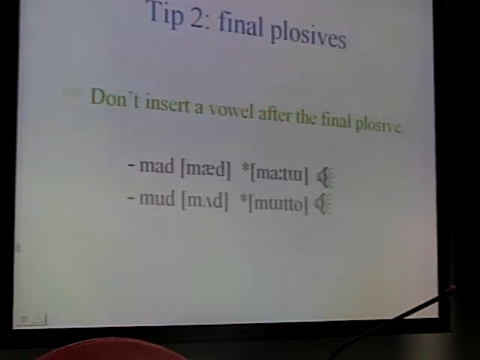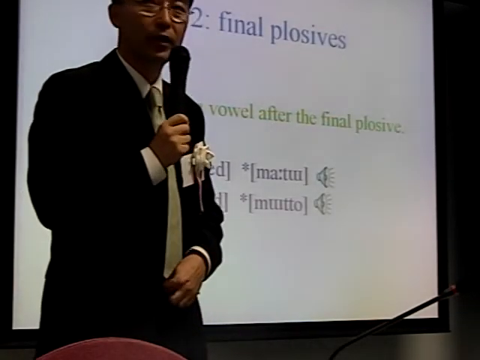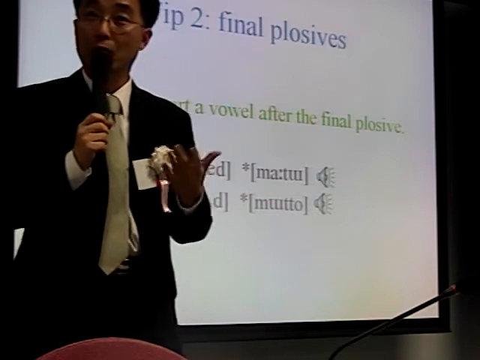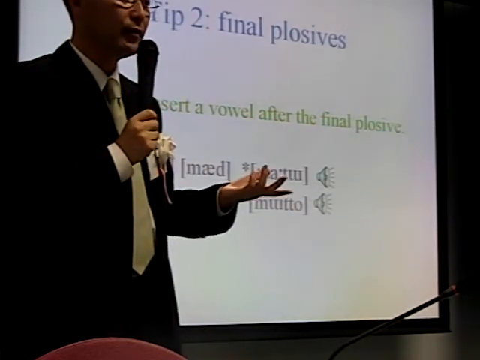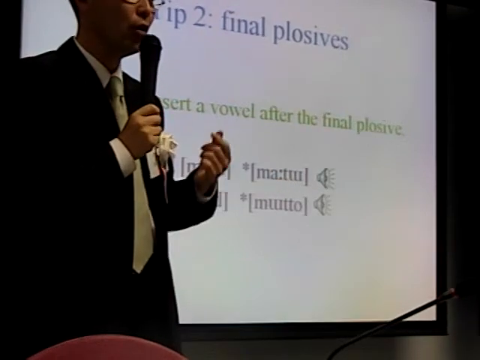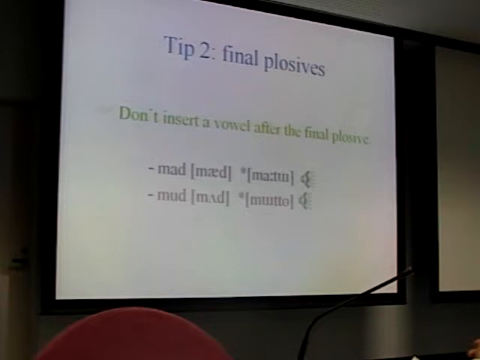And in Japanese, there's no word which ends in a consonant, except the moraic consonants. So you usually put a vowel u or o instead. So when you say mad, it is usually pronounced as mad.